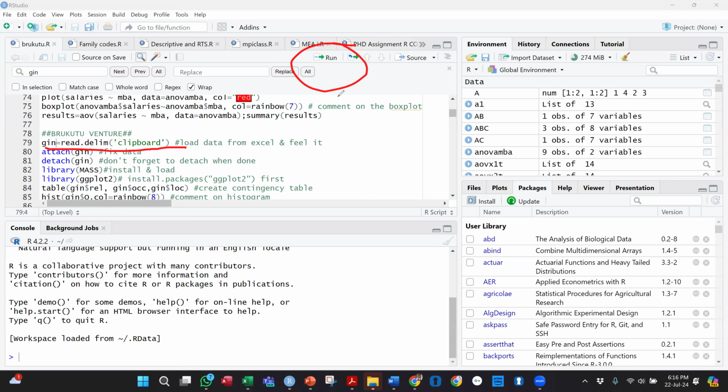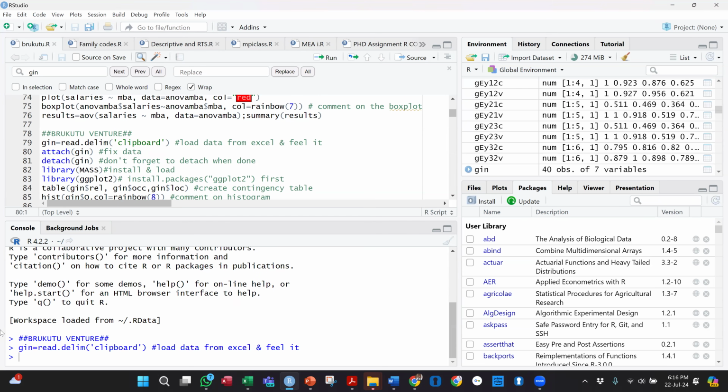Once you click Run, you will see that the name of the data will show blue. Okay, so I'm about to click Run or do Control Enter, and then look down in the console. The name of every command is showing blue down there, which shows that the data has been loaded.